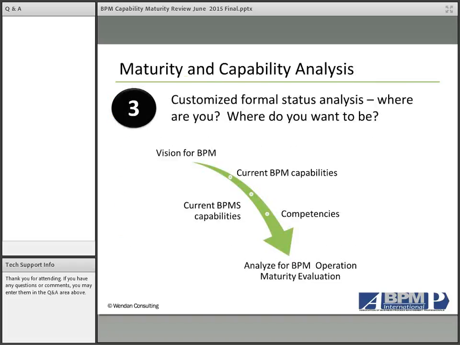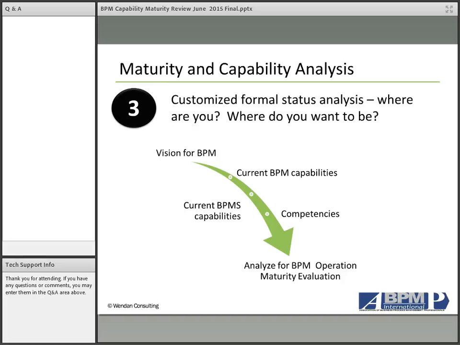The next talks a little bit about, again, using a very straightforward view of defining what is my vision for BPM, what are my current capabilities, what are the competencies that I need to be able to have in place to deliver on that, and then really understand where we stand with regards to a maturity model.